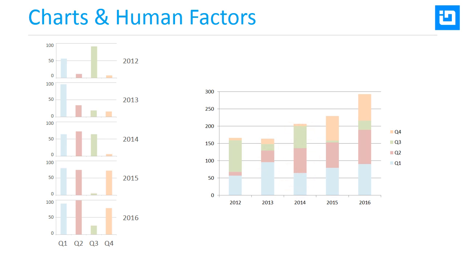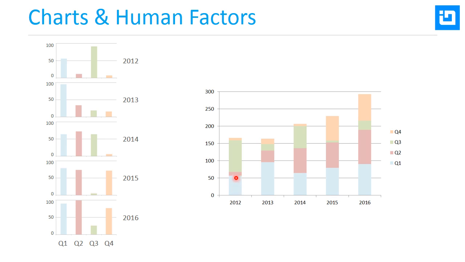I really like the one on the right side. This is showing the data in stacked columns. It doesn't require more real estate than the initial 3D chart, and it's still very clear. And it actually gives you one advantage that neither the 3D chart nor the panel chart on the left has, and that is the sum of these stacked segments gives you now the total for a year, right?